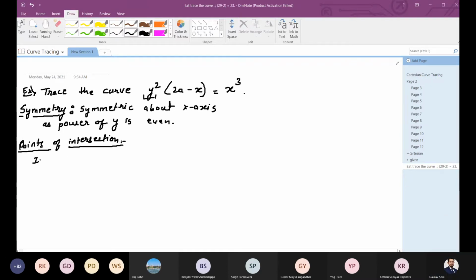If y equal to 0, then x is equal to 0. This is the x intercept we are talking about.